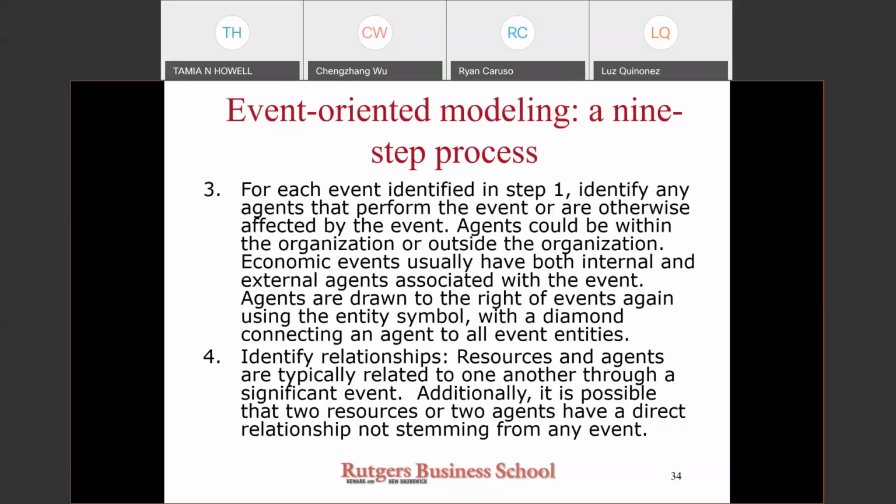And lastly, agents are drawn to the right of events using the entity symbol, with a diamond connecting an agent to all event entities with which the agent has some relationship.